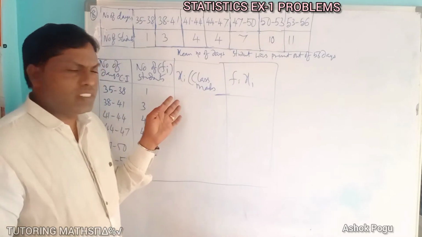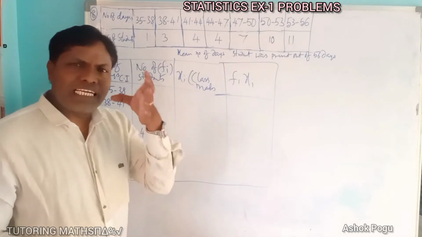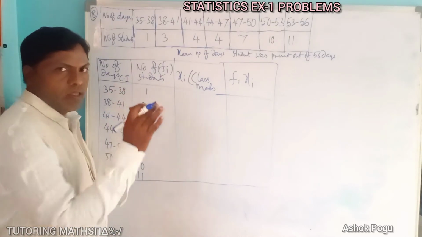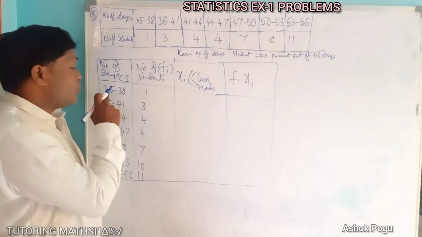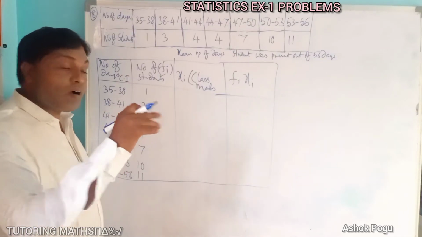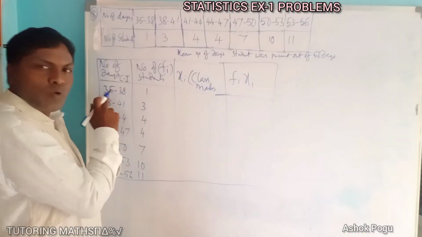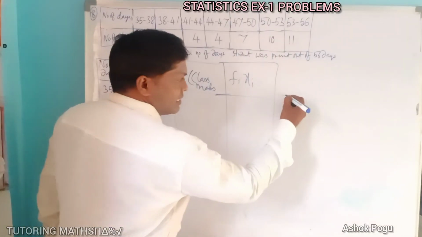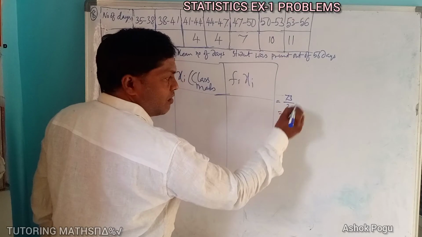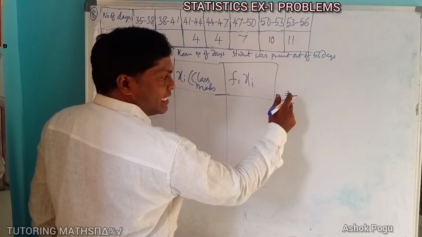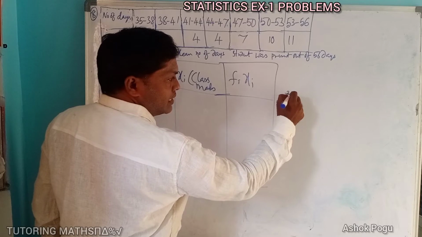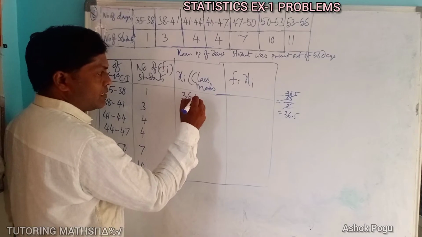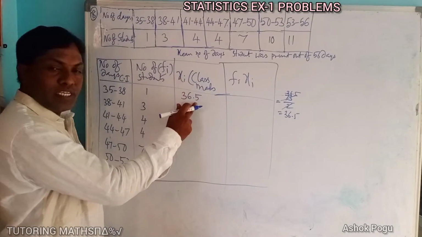Already we have discussed many questions in the previous videos. xi is nothing but the class mark, or mid value of the given class: half of the sum of the two limits. 35 plus 38 gives 73, half of that is 36.5. The first class mark, the mid value, is 36.5.